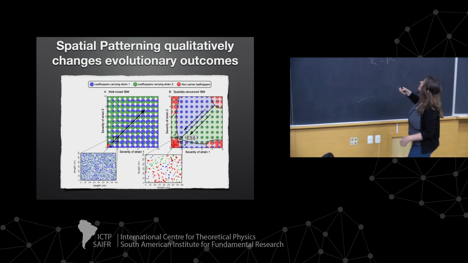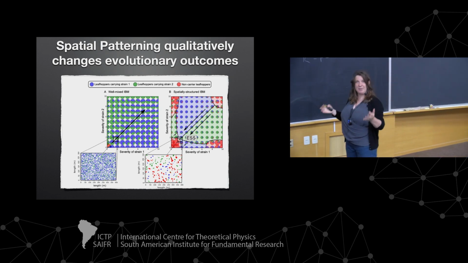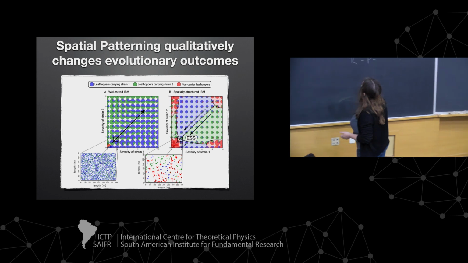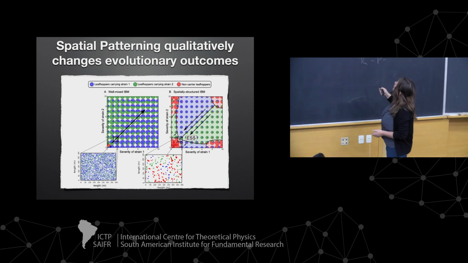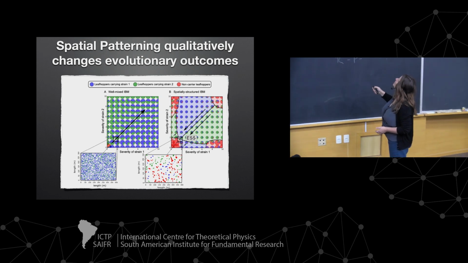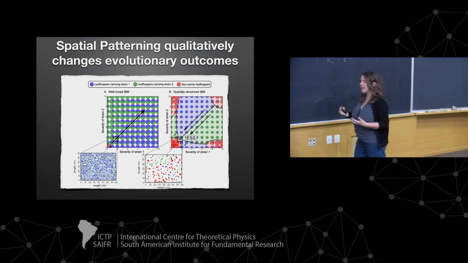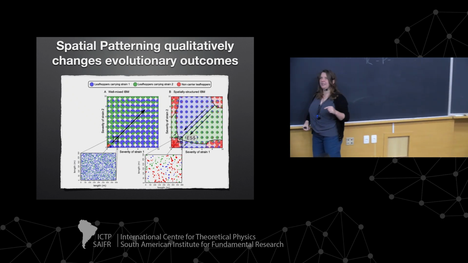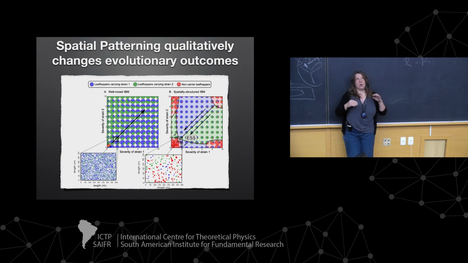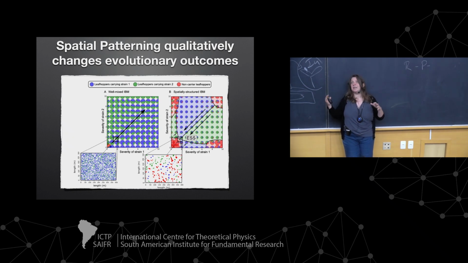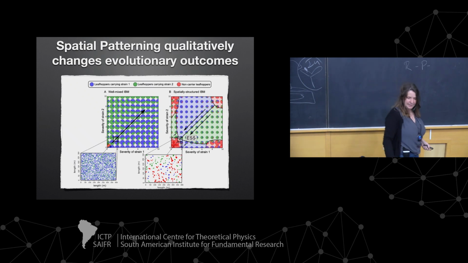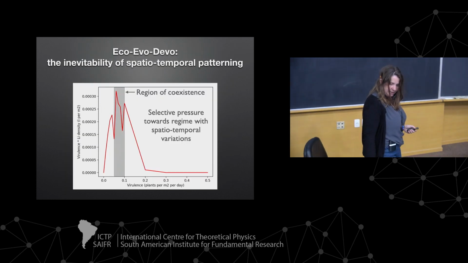But when you have a spatially structured IBM, you actually go to this ecological equilibrium, where you have these spatial patterns. So you're actually able to go to this coexistence. So what we see is evolutionarily, not only does coexistence mean you need the spatial patterns, but they're being selected for. So the sweet spot is being selected for.